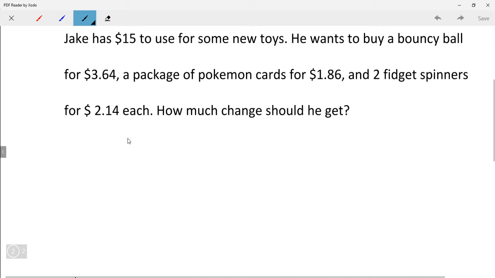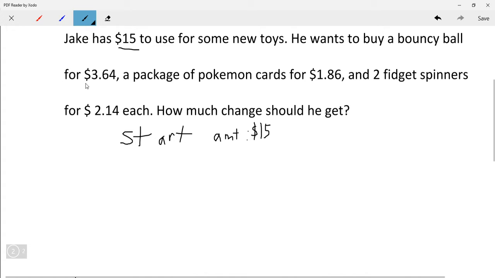So, we need to figure out, we know how much he started with. I'm just going to write AMT for start amount. And it says that he has $15 to use. So that's $15. Now, we need to figure out how much money he spent.